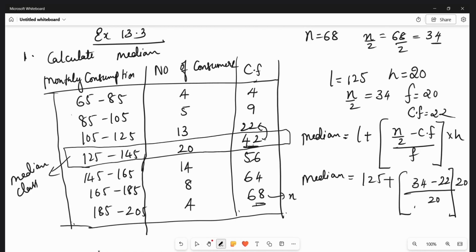Here f and h are both 20, so you can cancel them. The median is 125 plus 34 minus 22. So the median is 137.